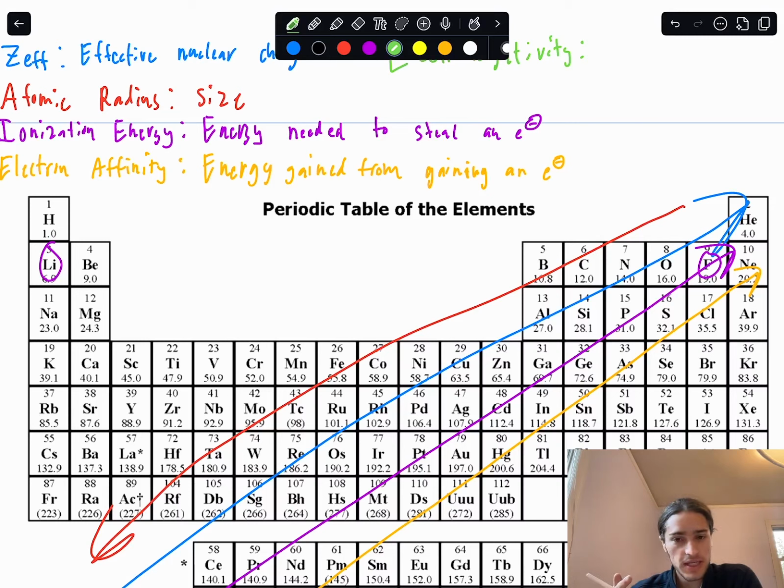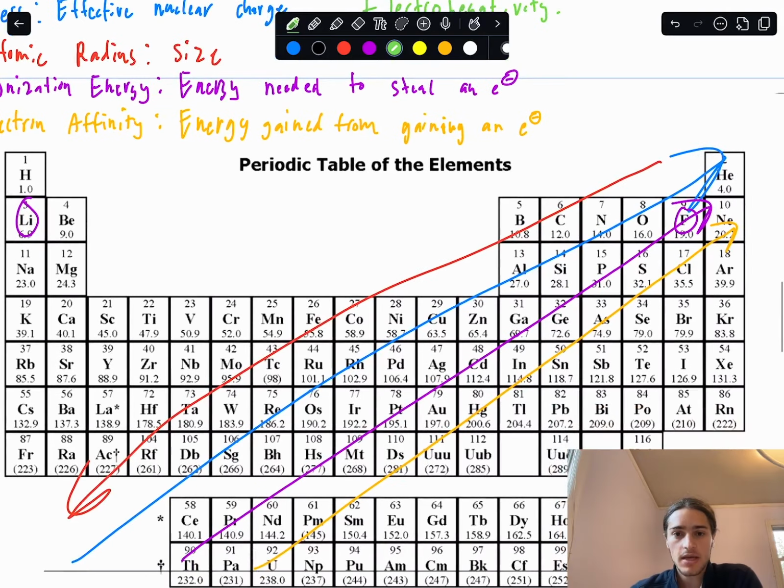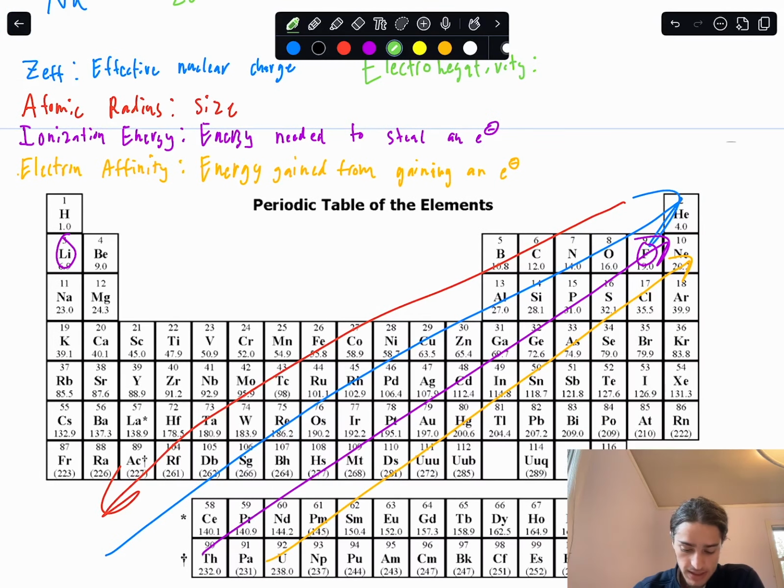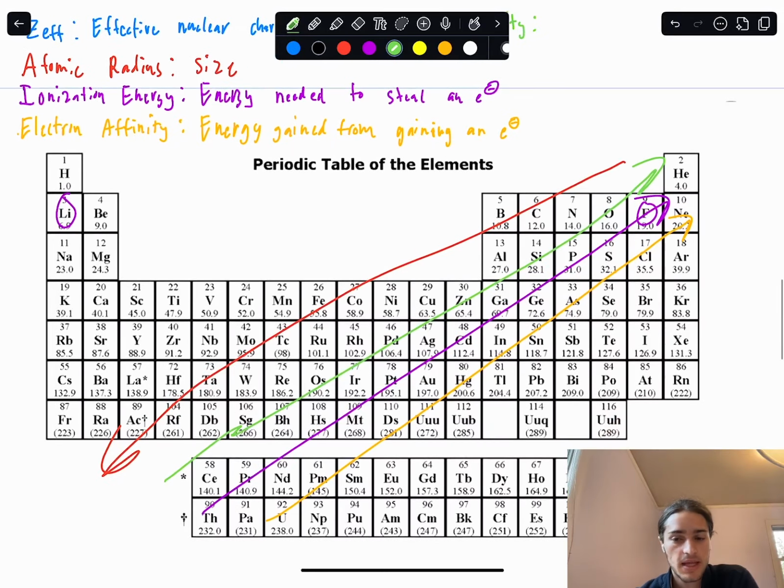If you're curious how they are slightly different, definitely look that up. It is kind of interesting, but really, I promise it's basically the same idea. So I'm just going to say goodbye Z effective, goodbye effective nuclear charge. The king is electronegativity. So we're going to just replace it. It's the same trend.